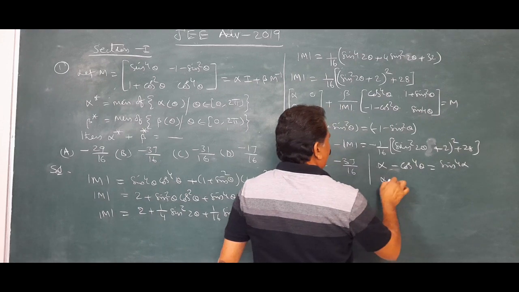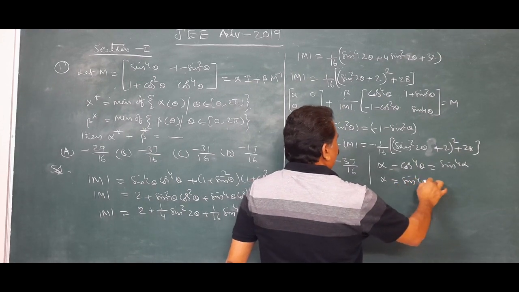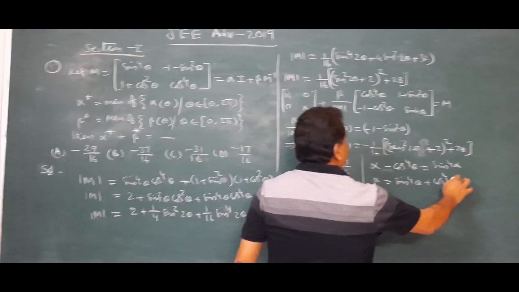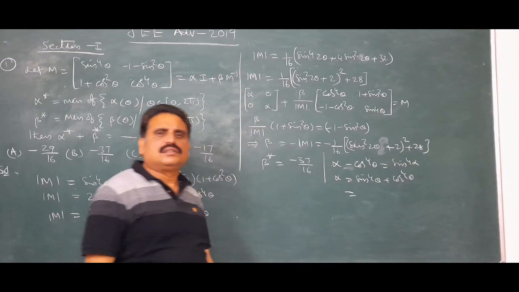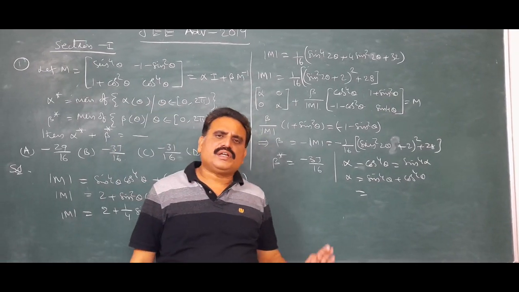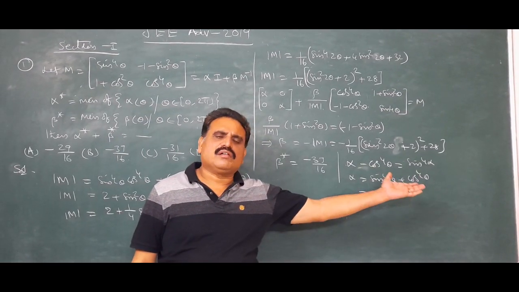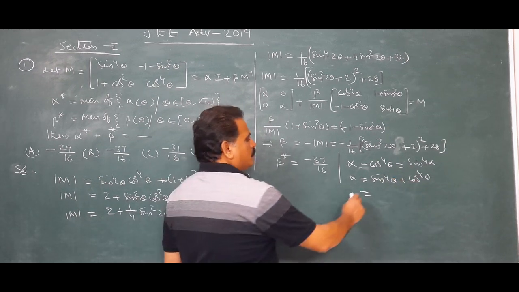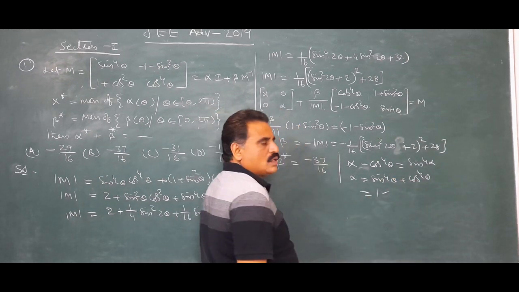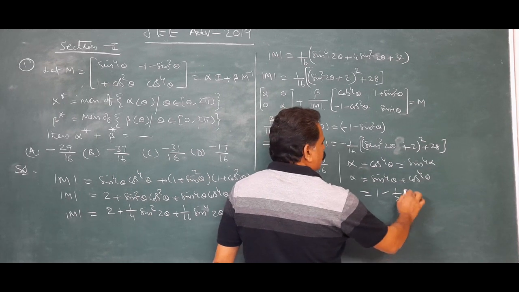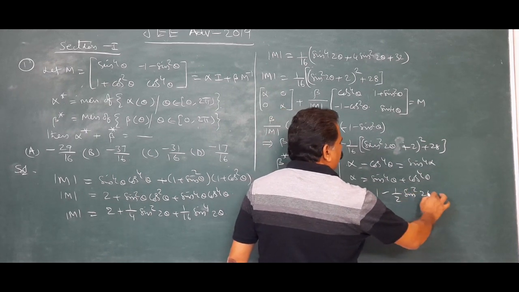So alpha equal to sin power 4 theta plus cos power 4 theta. That is nothing but (sin square theta plus cos square theta) whole square minus 2 sin square theta cos square theta. That is 1 minus 1 by 2 sin square 2 theta.